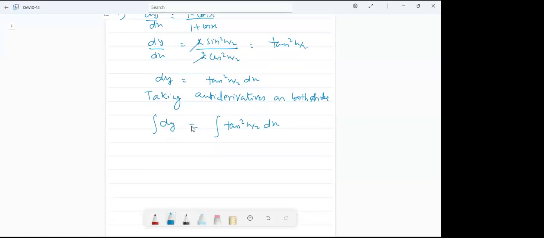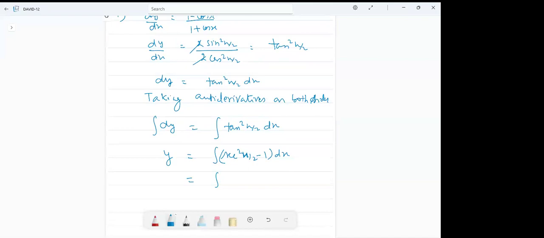So dy can be written as tan square x by 2 dx. Now integrating both sides, taking antiderivatives on both sides.